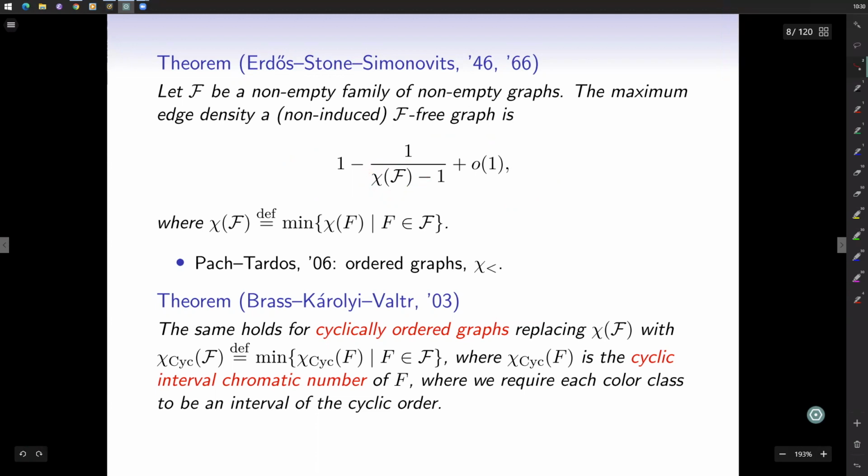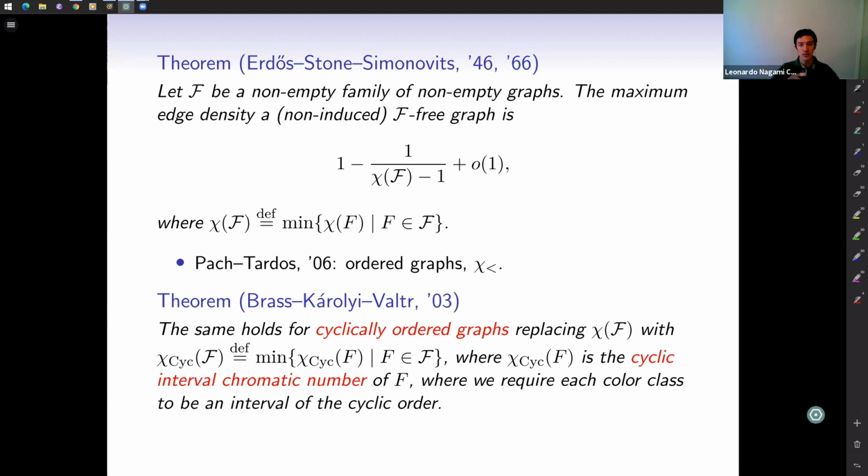So what exactly does it mean to be F-free when you are cyclically ordered? Oh, F-free means, I give you a very big cyclic ordered graph, and F is a family of cyclic ordered graphs. So you look at it and you see whether you can find a copy of these small cyclic ordered graphs there. And I'm saying that you never can find it.